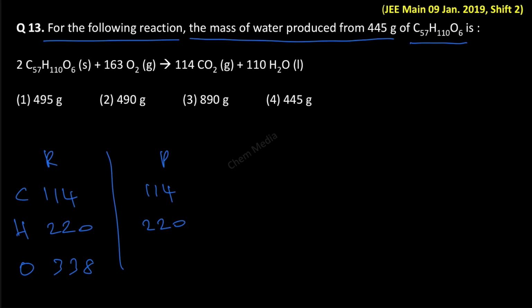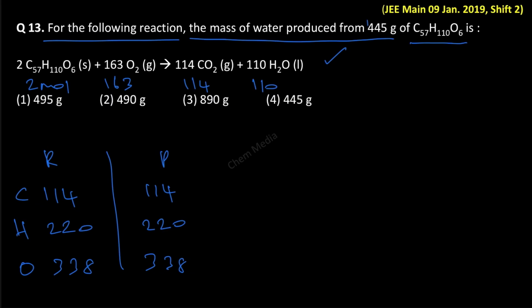Yes, we do. 114 times 2, that would be 228, plus 110. So 338 oxygen atoms we do have. Therefore, the reaction is already self-balanced. When we have 2 moles of the compound, we require 163 moles of O2. That would give us 114 moles of CO2 and 110 moles of water.